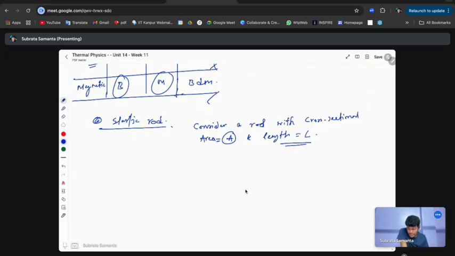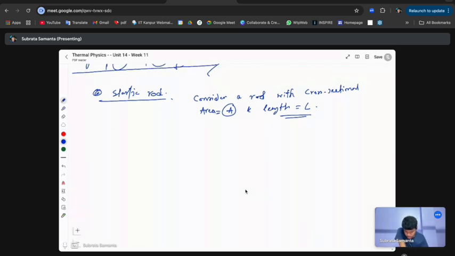Define the linear expansivity of the rod at constant tension F.